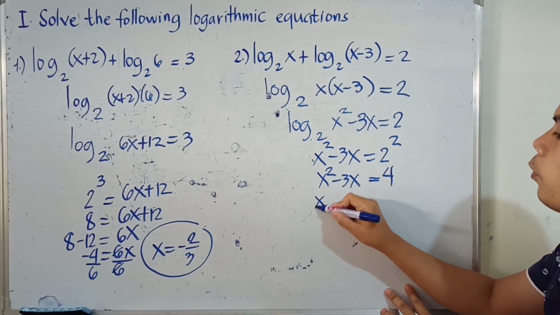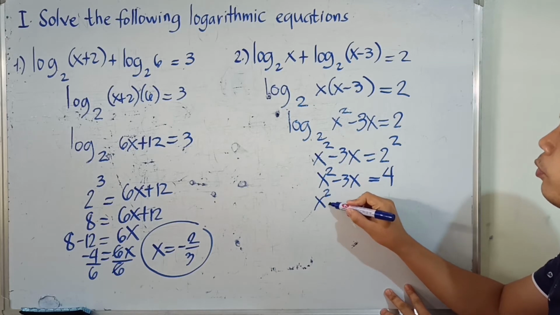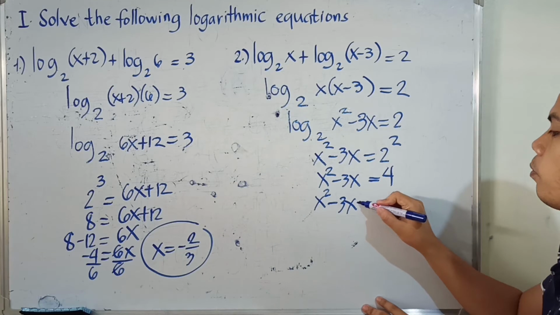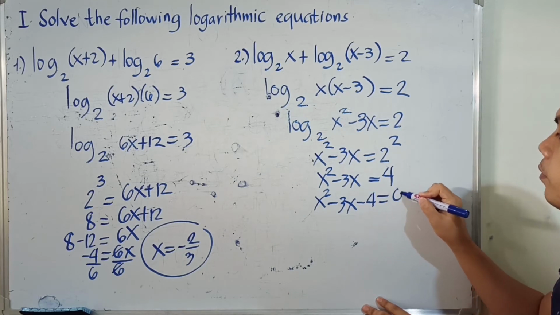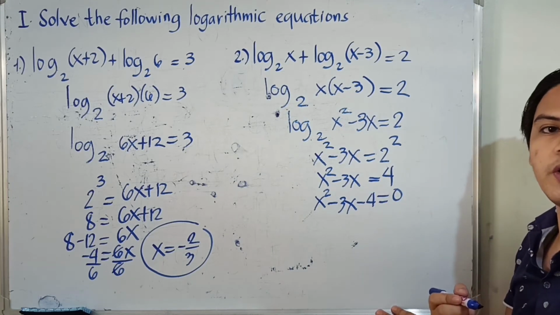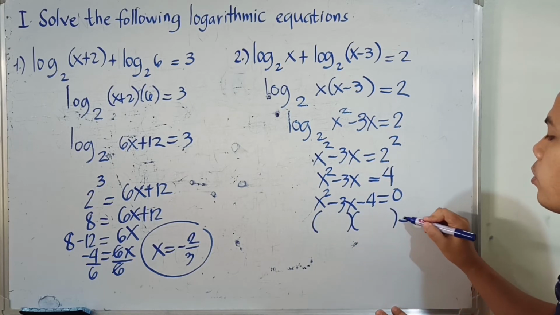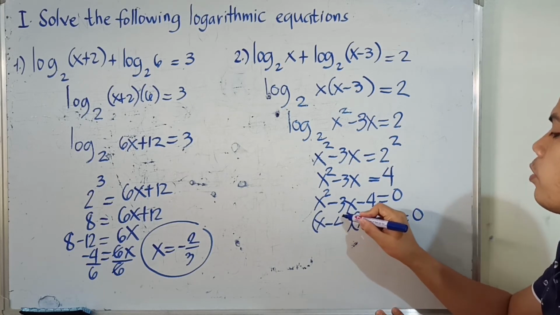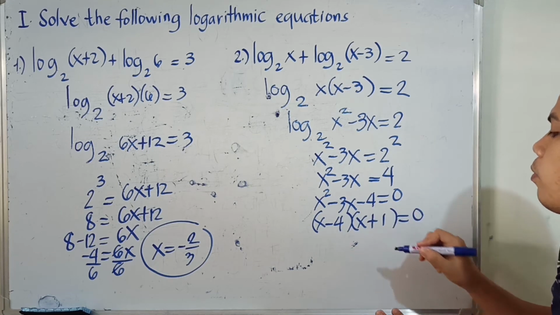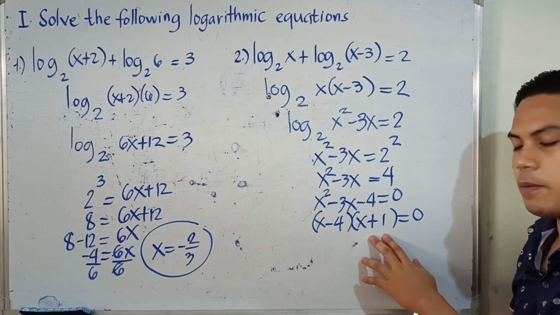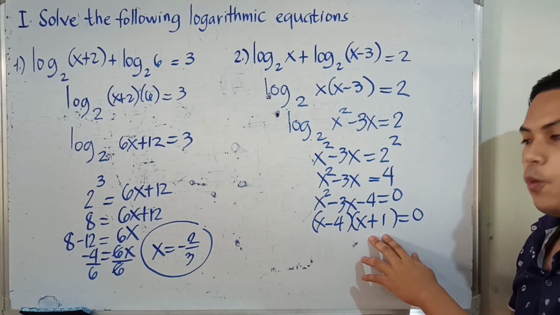Then we're going to transpose positive 4 to the left side of the equation. So it becomes negative 4. Then, by applying factoring, we arrive at the factors x minus 4 and x plus 1. So the factors are the quantity x minus 4 times the quantity x plus 1.